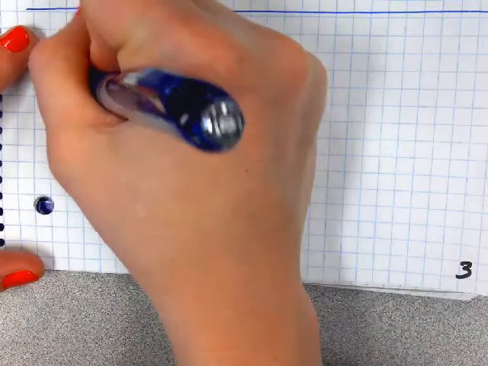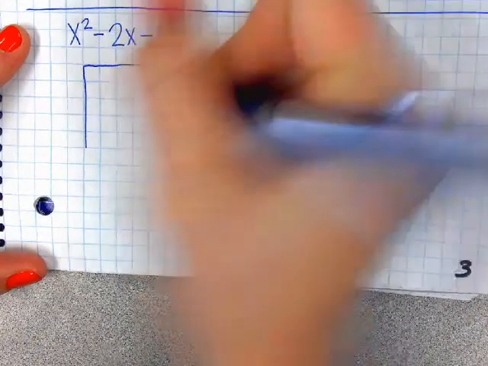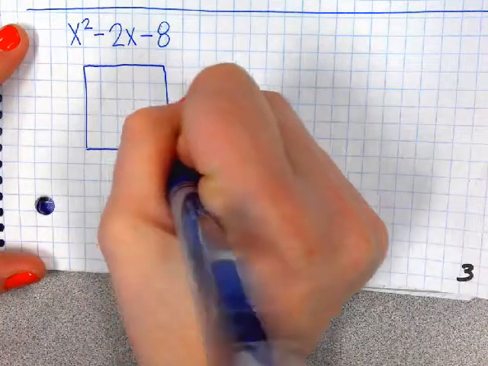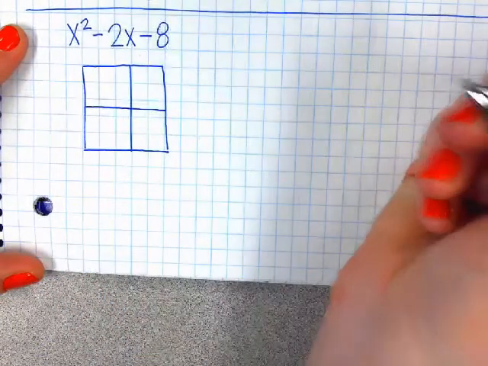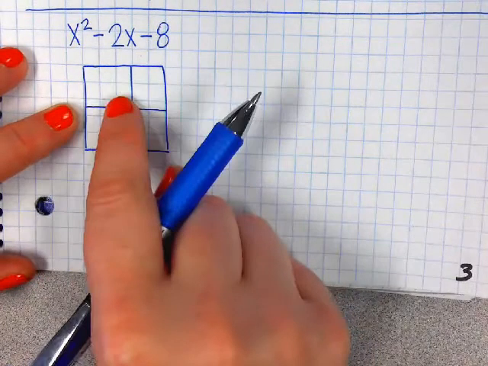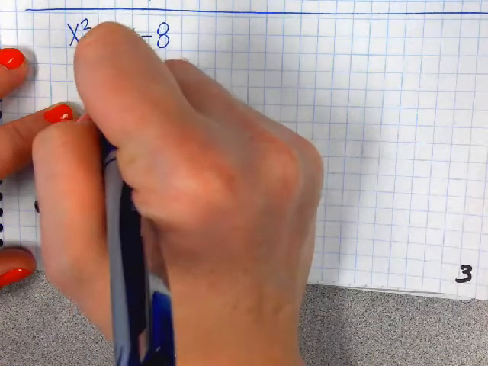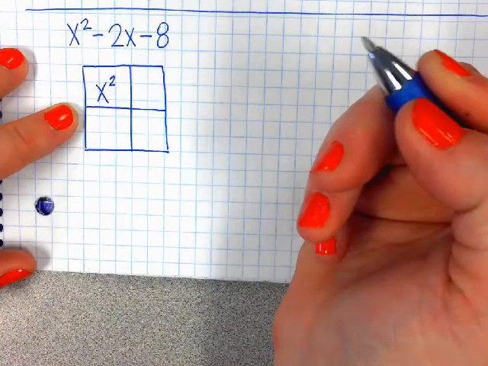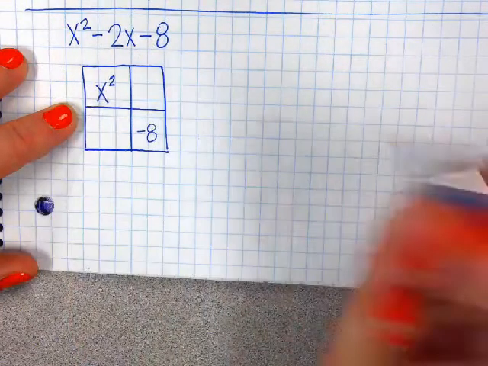So again, the first thing you need to do is make your box. What goes in the first box of the box? X squared always goes in the first box. What goes in the last one? Negative 8.